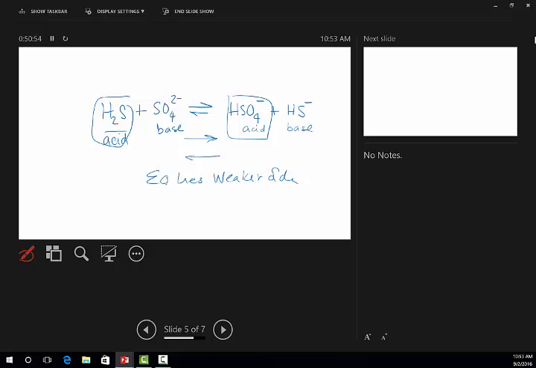And I can do this with the bases, right? I could compare base to base. Where's the equilibrium going to lie? Towards the weaker side. Here's an analogy that I haven't thought through, so it may not work.